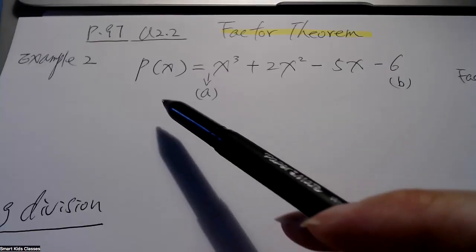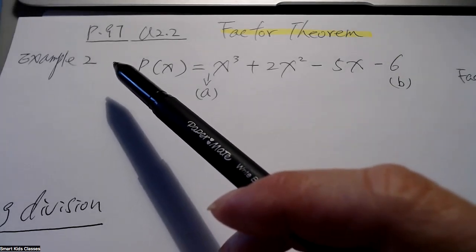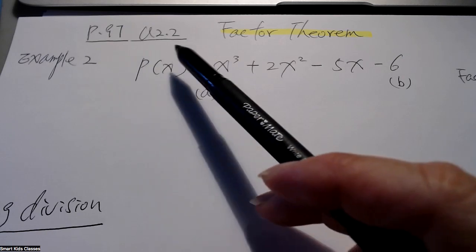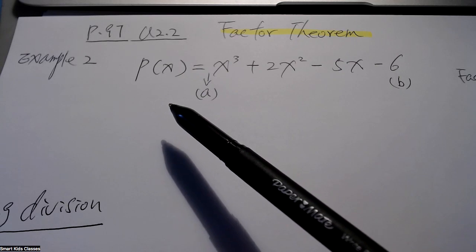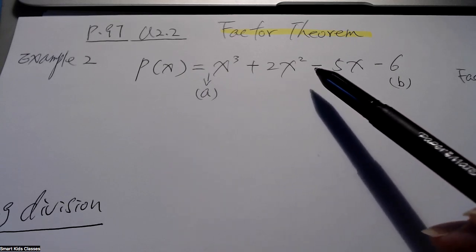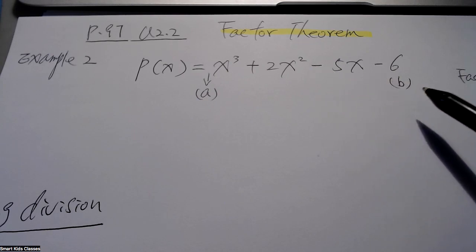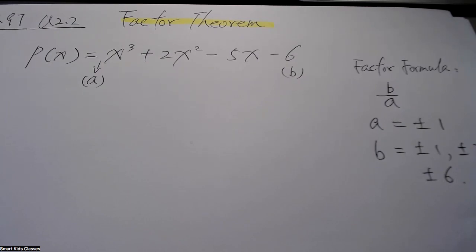If you open the Ryerson Advanced Functions Grade 12 book to page 97, Unit 2.2, continuing the factor theorem, Example 2. This is P(x) = x^3 + 2x^2 - 5x - 6. I'm going to illustrate how to find the factor.